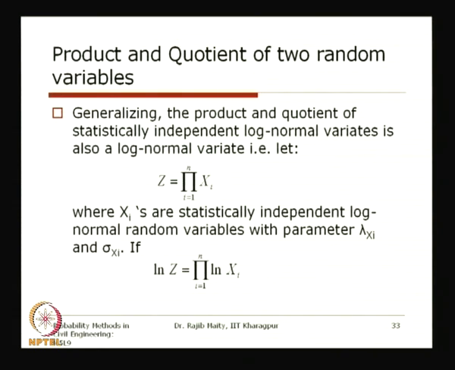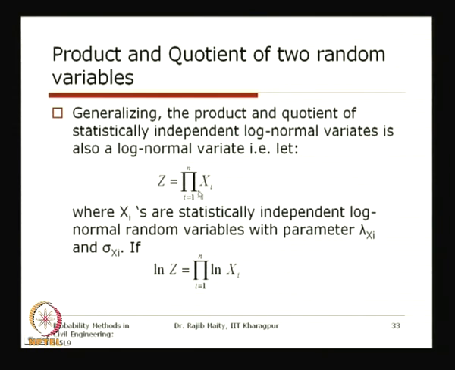Now, if we want to generalize the same thing, the product and the quotient of statistically independent log normal variates is also log normal. So, here we are taking a specific distribution again, specifying that all these random variables are log normally distributed, and their product, as we are writing, is z.